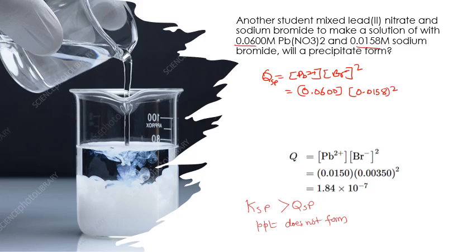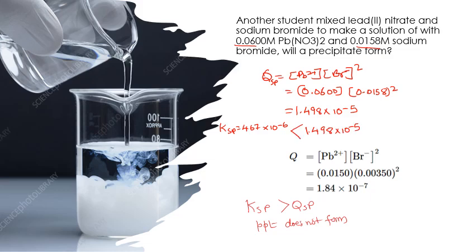Okay, so we will have the answer 1.498 times 10 to the power negative 5 and that is our Qsp. And our Ksp in the question is given as 4.67 times 10 to the power negative 6, and we have our Qsp 1.498 times 10 to the power negative 5.